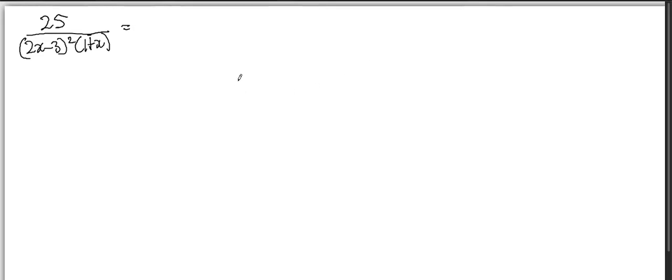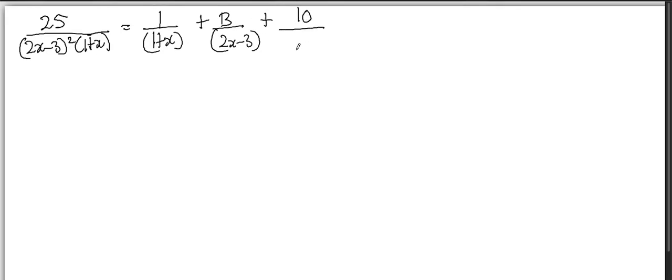If I rewrite, that will be 1 over 1 plus x, and then plus B over 2x minus 3, and then C is 10 over 2x minus 3 squared. So we have to find what B is.